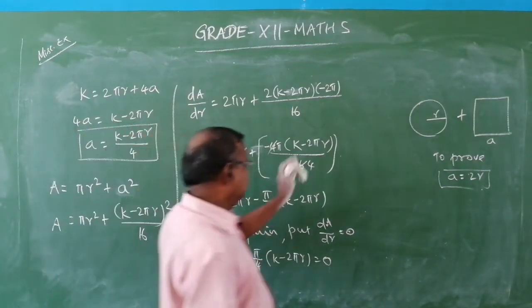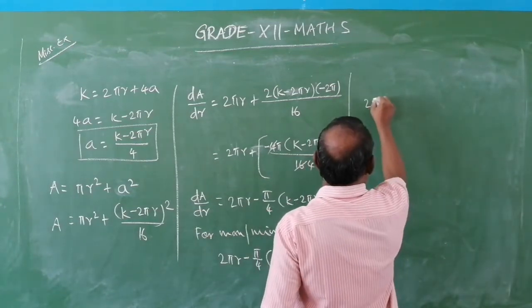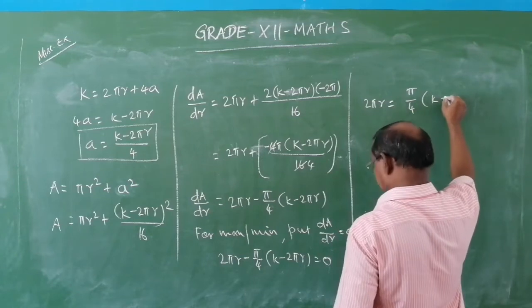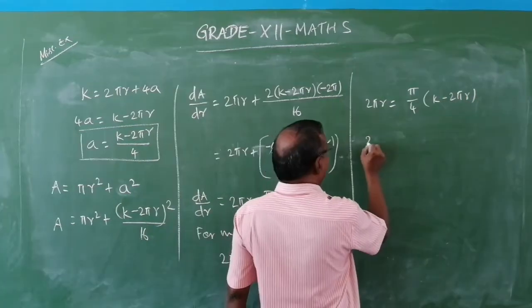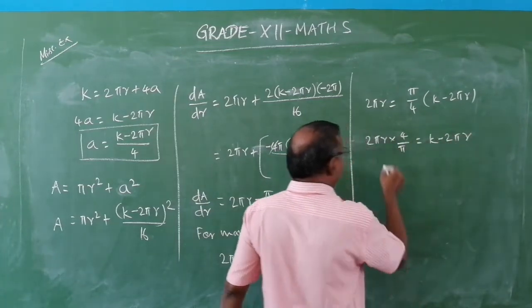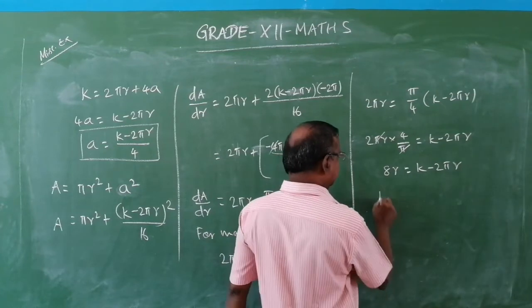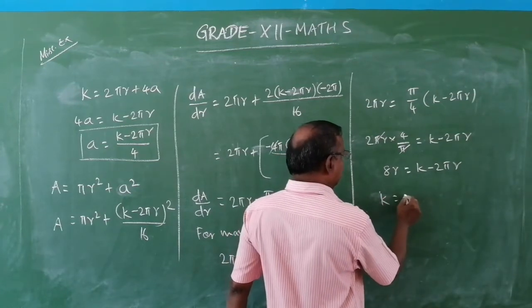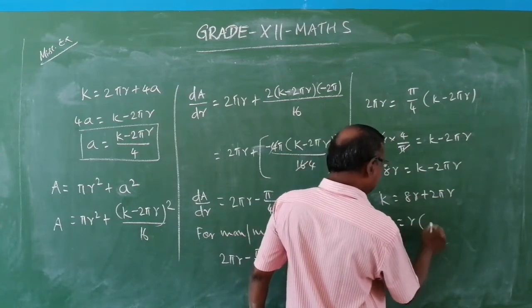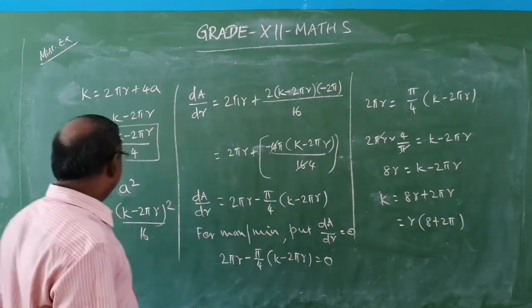Which means 2 pi r equal to pi by 4 into k minus 2 pi r. 2 pi r into 4 by pi equal to k minus 2 pi r, that is 8r equal to k minus 2 pi r, or k equal to 8r plus 2 pi r, that is r into 8 plus 2 pi.